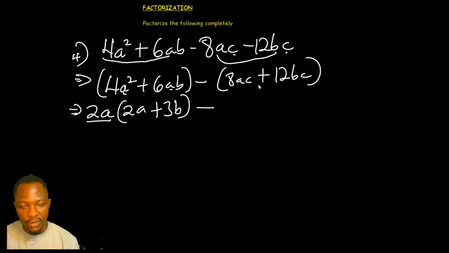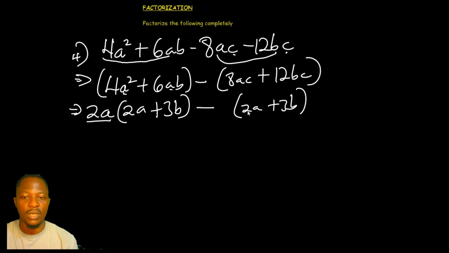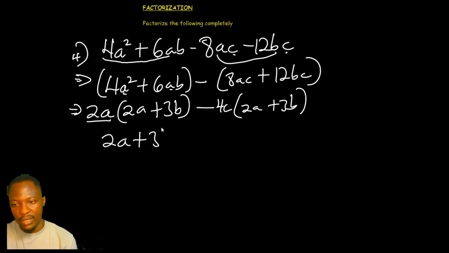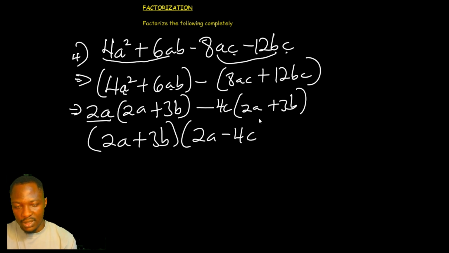Now instead of trying to factorize here, you can just bring the terms in the bracket here, so it's going to be 2a plus 3b, and here 2a is here, so what do you think will be outside here? 4c, so that 4c times 2a, we're going to get 8ac, and also 4c times 3b, we're going to get 12bc, and then we can just write them as 2a plus 3b, and then here we're going to have 2a minus 4c.